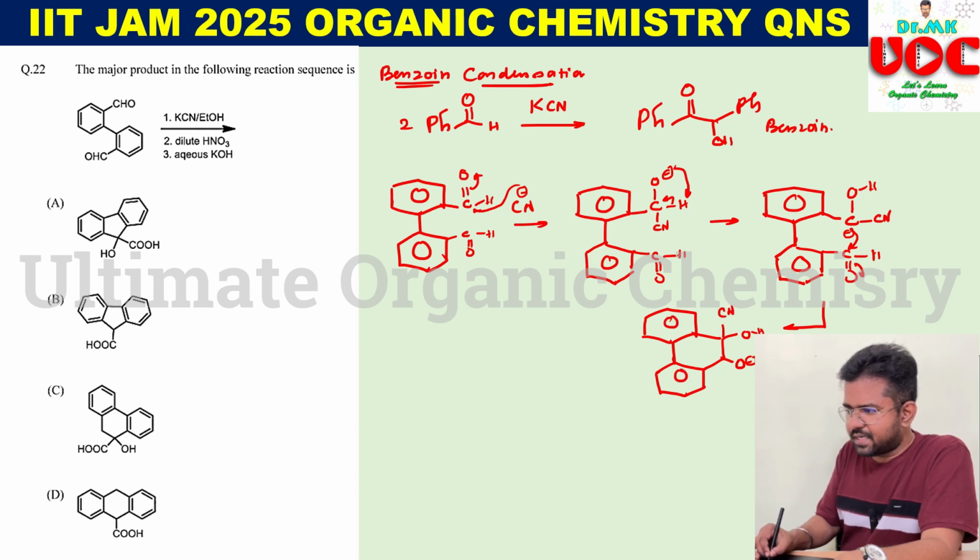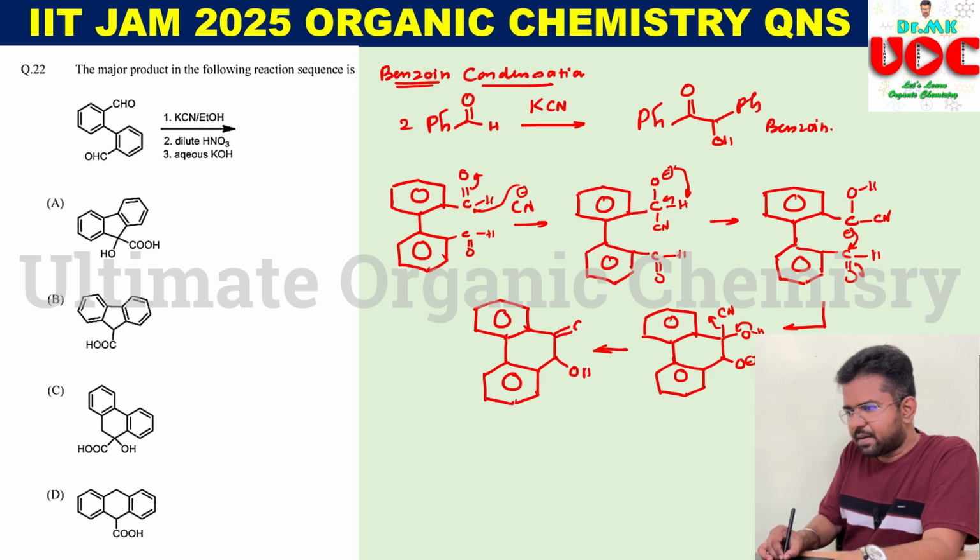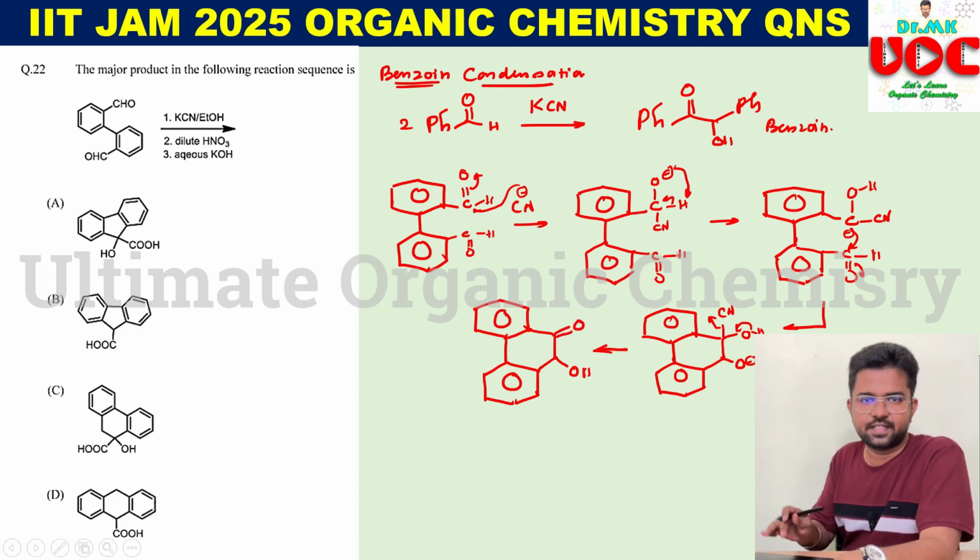So it takes the acidic hydrogen and the electron will shift over here and CN will be leaving, leading to the formation of a cyclic benzoin. So OH is here and C double bond O over here. So this is the first step.